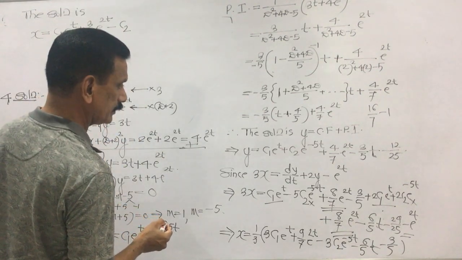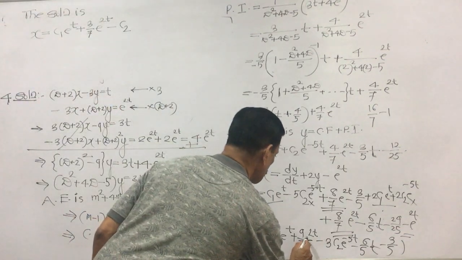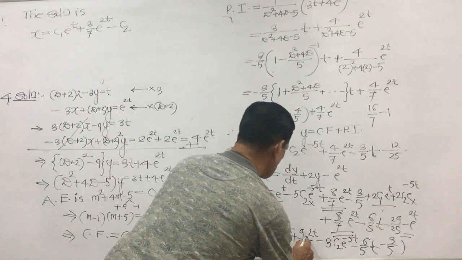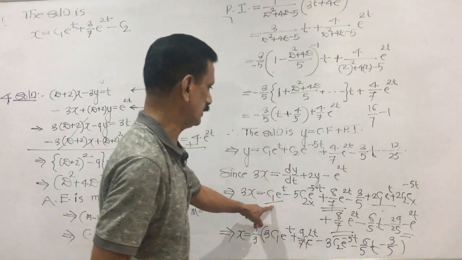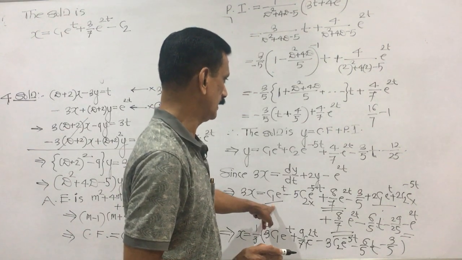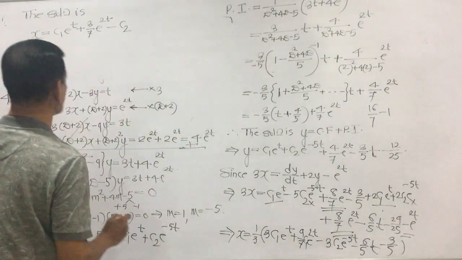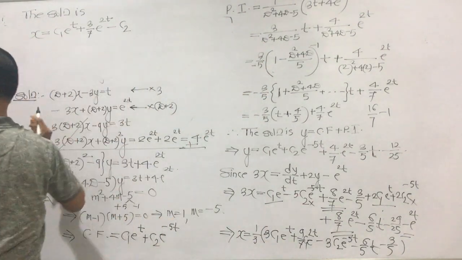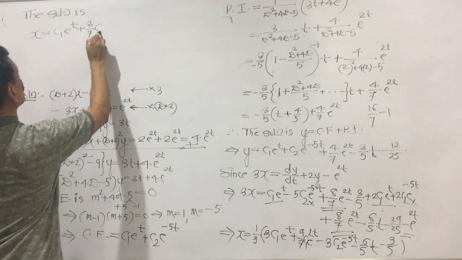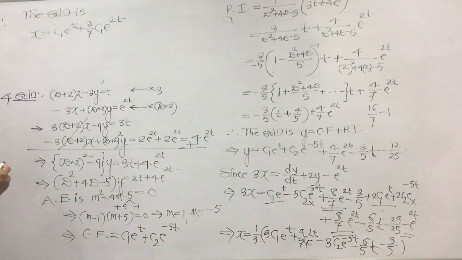Here we must have c1, because this is c1 e raised to t. So I should write here c1 e raised to 2t.